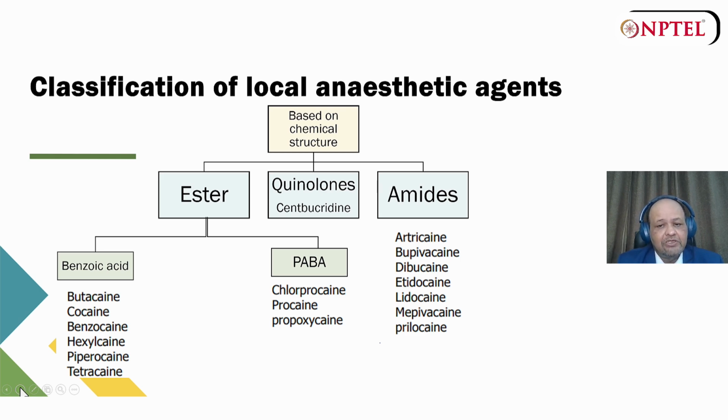It had the advantage of being a local anesthetic which had a vasoconstrictive property. The amide ones, which are the most standard ones used, comprise articaine, bupivacaine, etidocaine, lidocaine, mepivacaine, and prilocaine. Mepivacaine is useful because we can use it without vasoconstrictor in patients who have cardiac conditions or who are hypertensive.